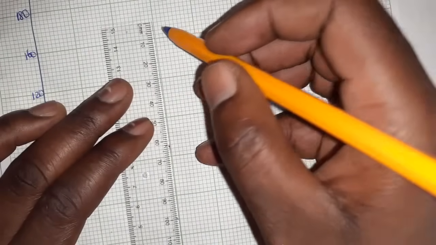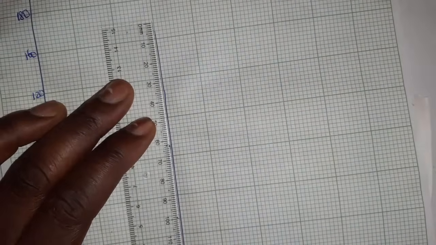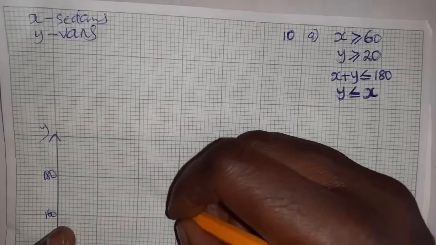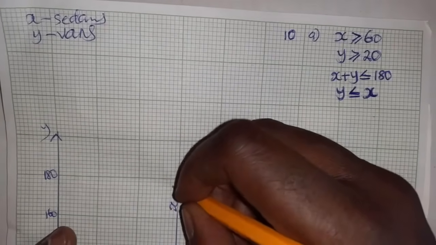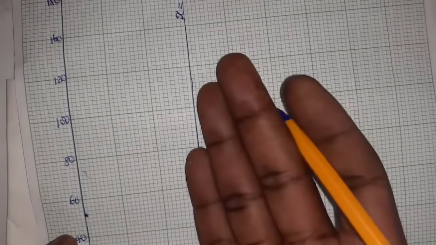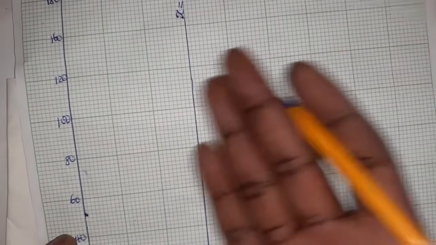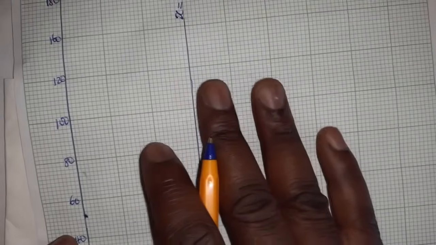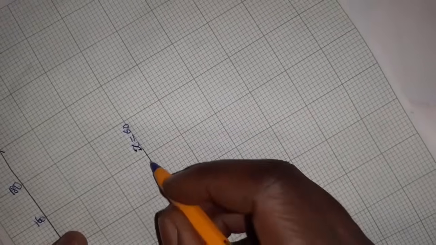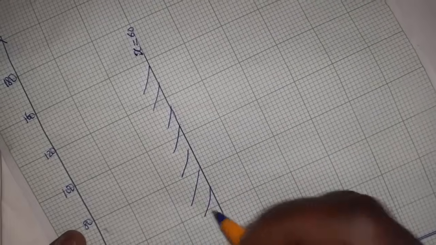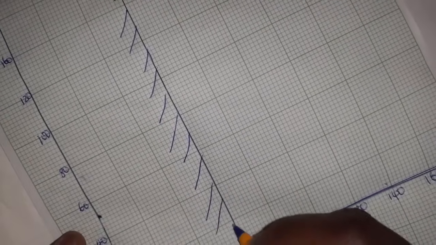So this line, in terms of an equation, it's x equals 60. So now we want to shade the unwanted region. We want the greater part here, isn't it? We want the greater part. So we're going to shade the unwanted region, which is this side, which is less. This region is unwanted here.